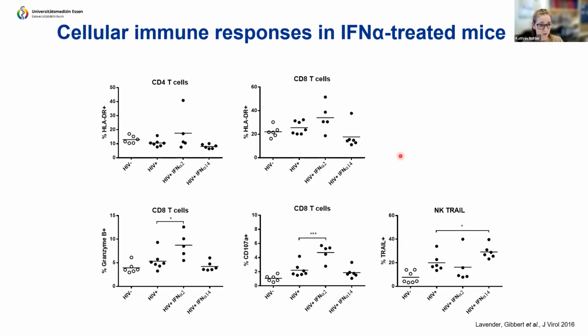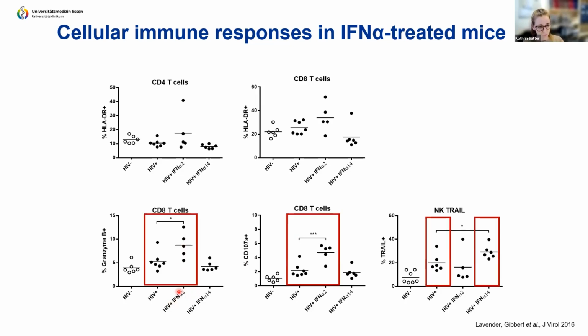And then we had a closer look at the CD8 T cells and NK cells. And what was quite interesting is that for interferon alpha 2, shown here, we saw that it specifically modulates the CD8 T cell response. So you see here more granzyme and also more CD107a.